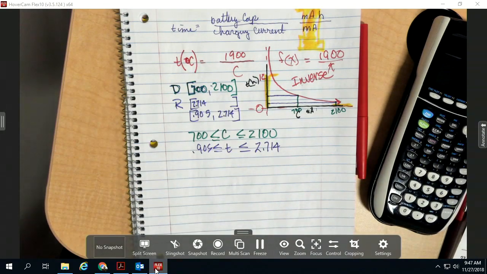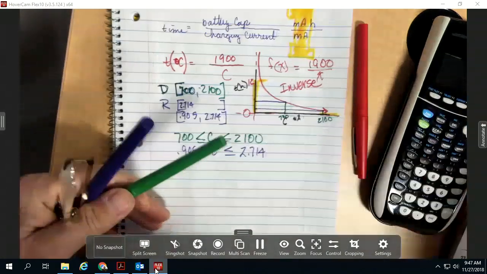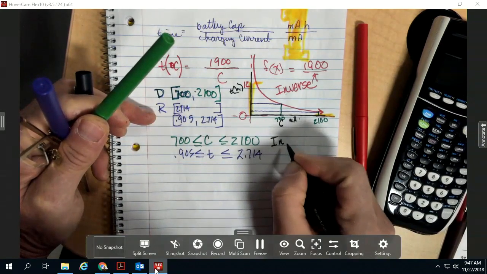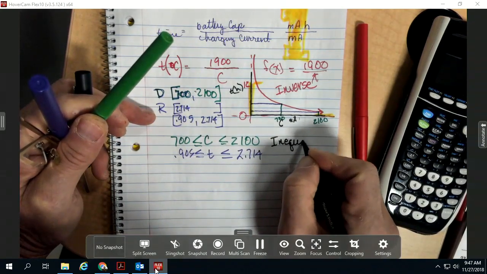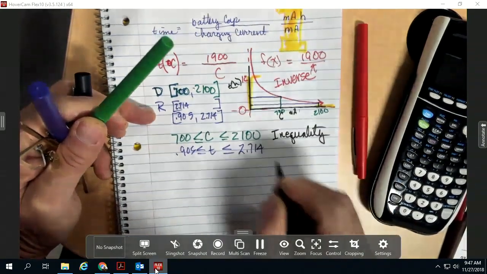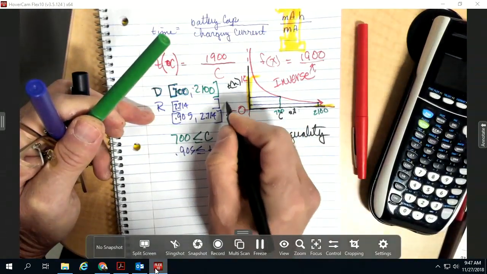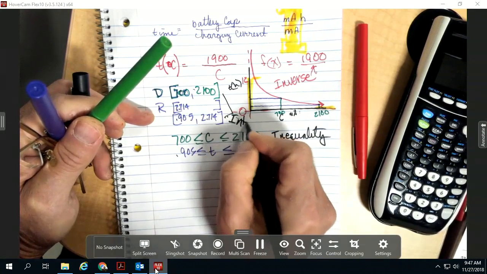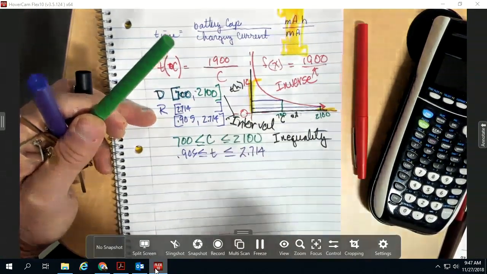This is inequality notation, and these two are in interval notation.